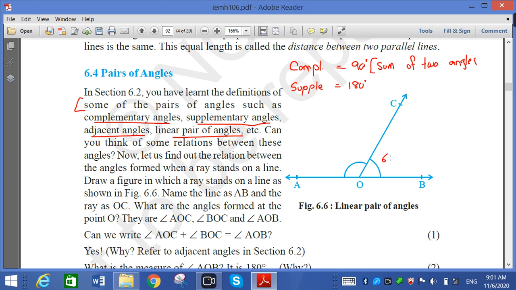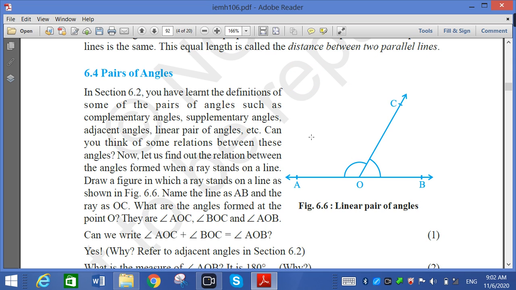If I write 68 here and 128 here, then the linear pair sum is also 180. Can you think of some relation between these angles? Supplementary angles are also called a linear pair, because the linear pair sum is 180 and the supplementary sum is also 180.